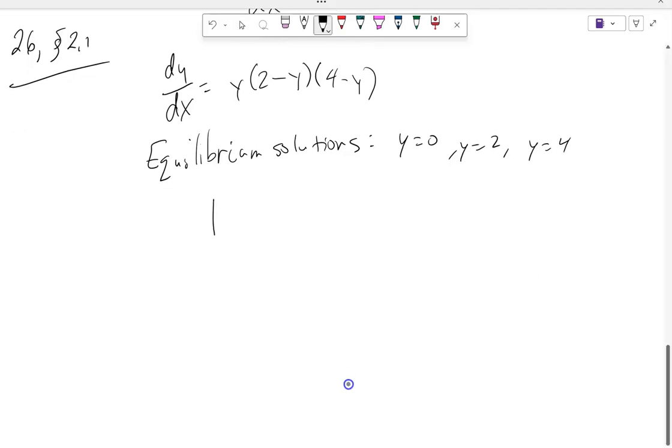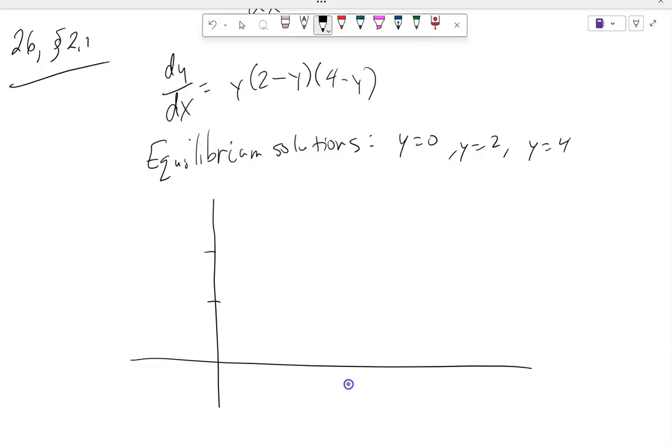All right, so what we're going to do here is just put in a couple of dashed lines at the equilibrium solutions. And it's a little harder to put in a dashed line when I've got the x-axis there, but that's okay.